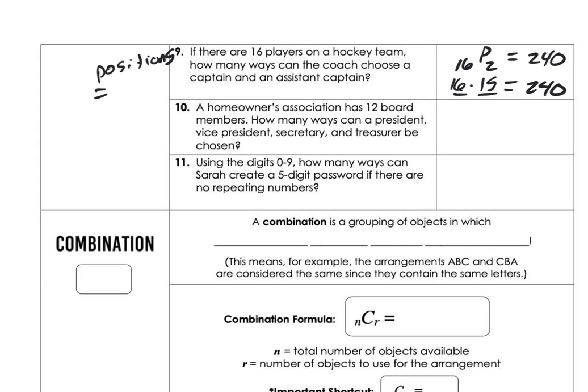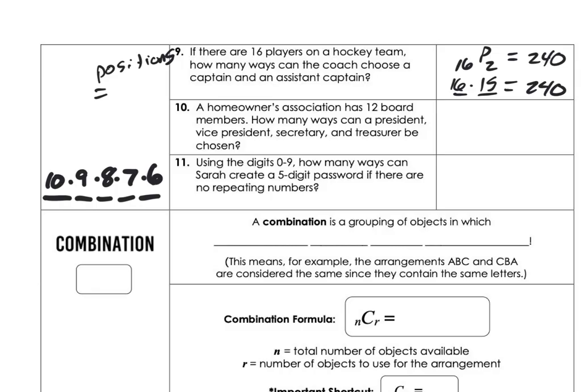If I did blanks here, it would be 10, and then 9, and then 8, and then 7, and then 6. And I would multiply all the first number in the password. I have 10 options, and then I have 9, and then I have 8, I have 7, I have 6, because I've already used a number each time.